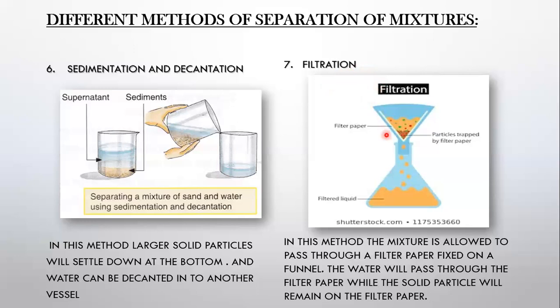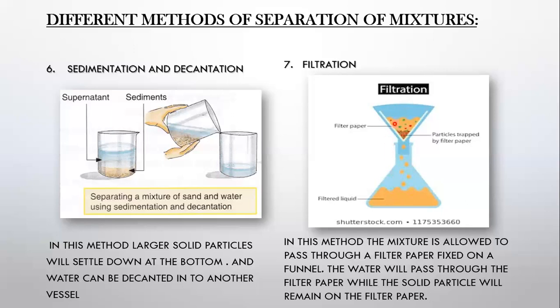Then the water which is decanted will be poured onto the filter paper that is fixed on the funnel. Below the funnel we will keep another vessel for collecting the water. Slowly the water will pass through the filter paper and be collected in the vessel kept down.